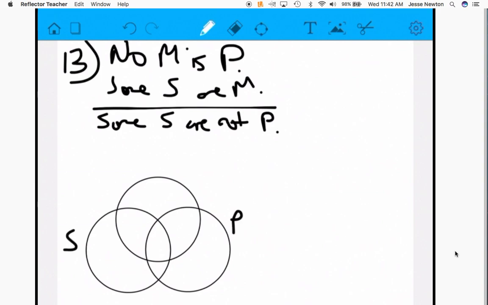S, P, M, 1, 2, 3, 4, 5, 6, 7. So we're going to begin with diagramming the combined premises, and we'll start with the one that has the universal quantifier.